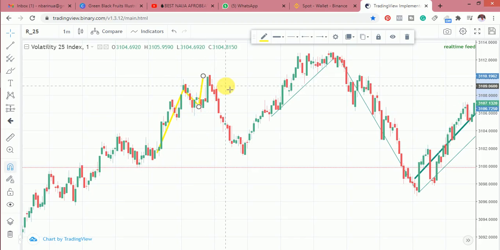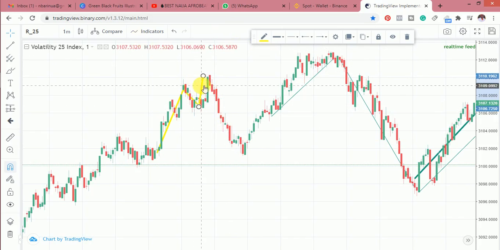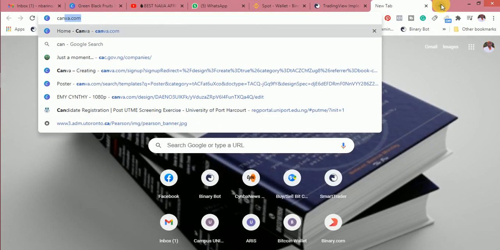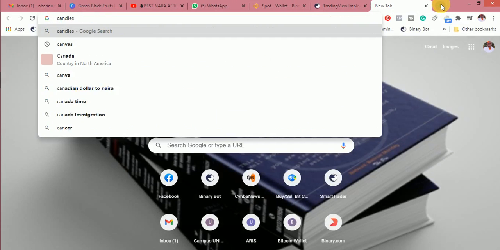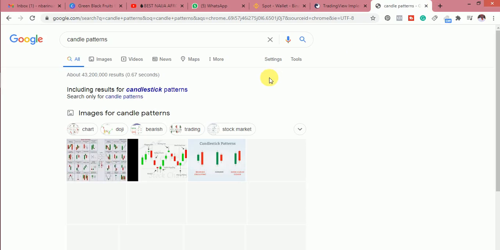Alright, so what you need here is to understand candle patterns, and to understand candle patterns, anybody can just google candle patterns, and click on the pictures.